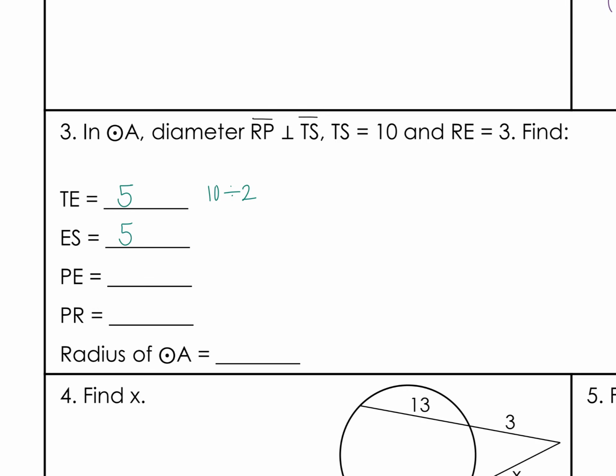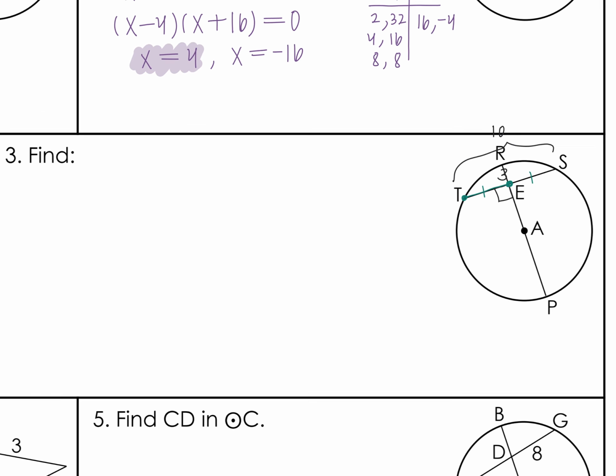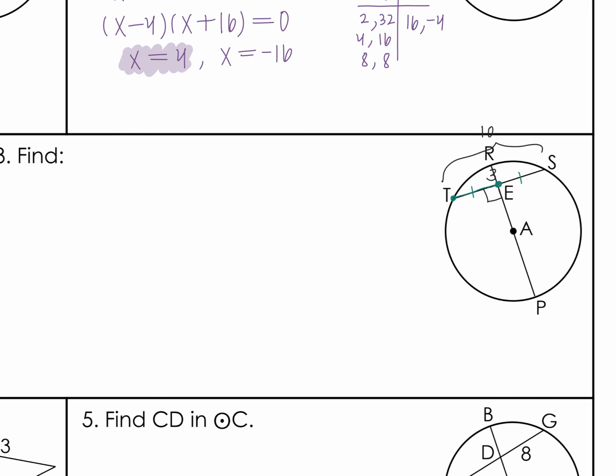Moving into PE, we want to find the length from P all the way to E. Okay, we can use that first case where we're going to multiply our part times part is equal to our part times part. Okay, so I'm going to call PE x.